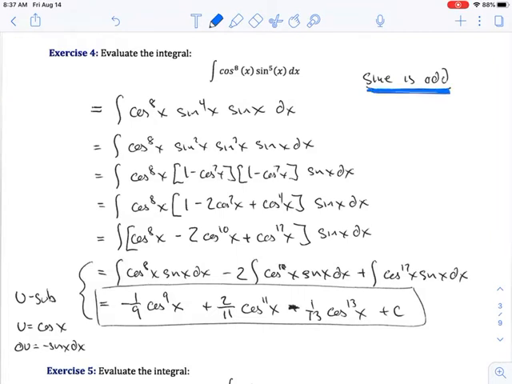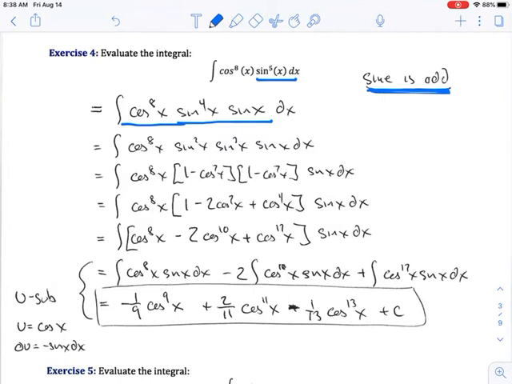In both these problems, it just happens to have been sine. If it was cosine, we'd be doing the exact same thing, except we'd be factoring out a power of cosine rather than sine. So we take sine to the 5th, and we break it into sine to the 4th times sine. And so we rewrite our integral like this.